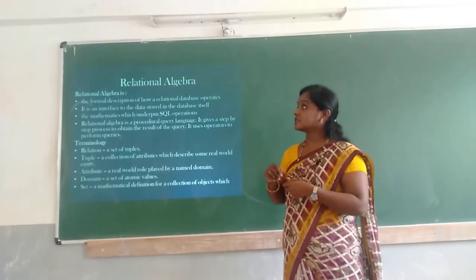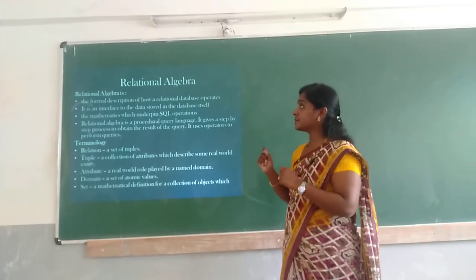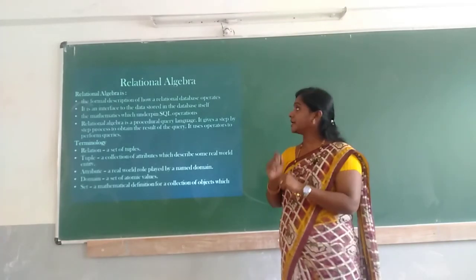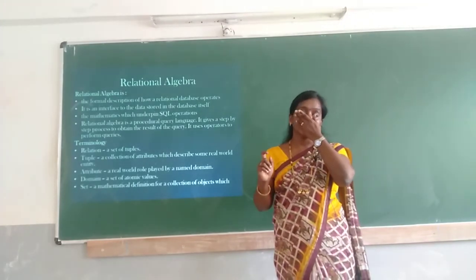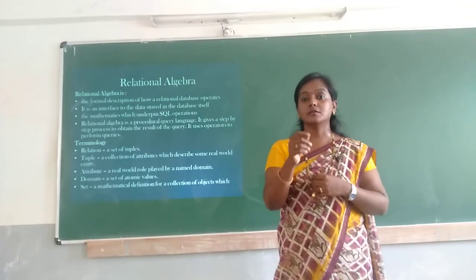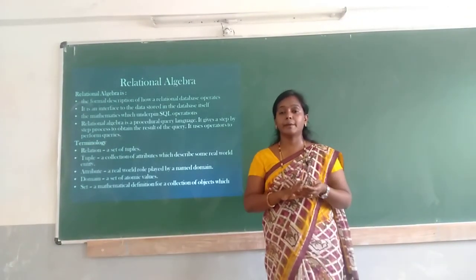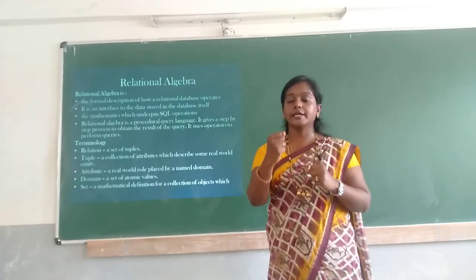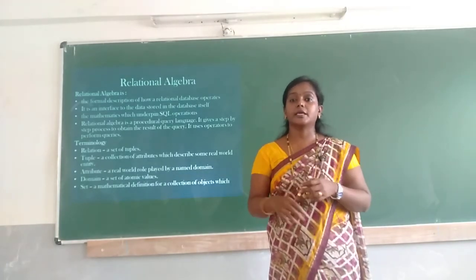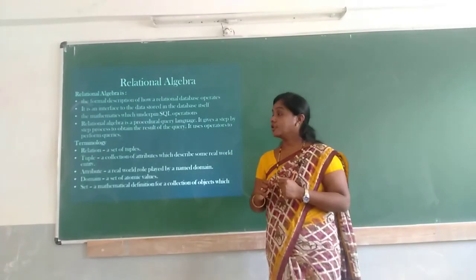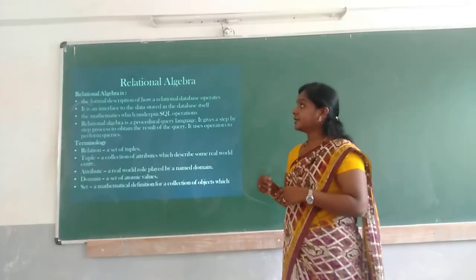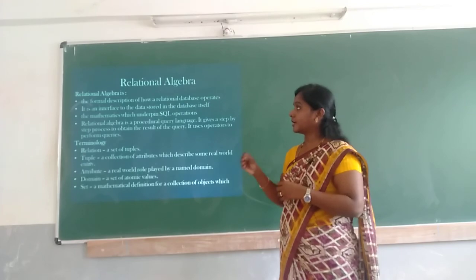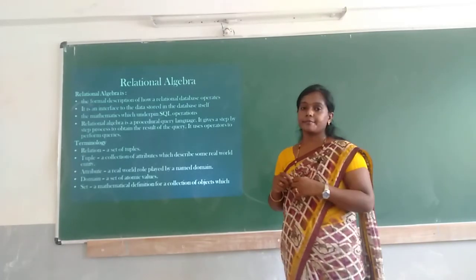So relational algebra is a formal description of how a relational database operates. So the relational database was invented by who? E.F. Codd. So to operate a relational database, we need this relational algebra. It is an interface to data storage and a database itself.